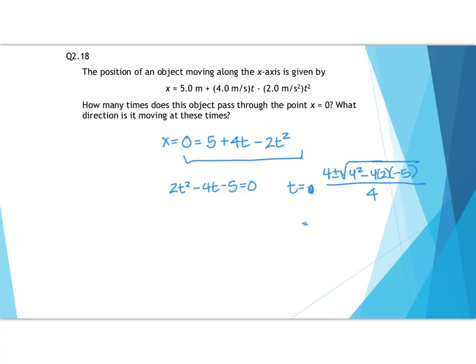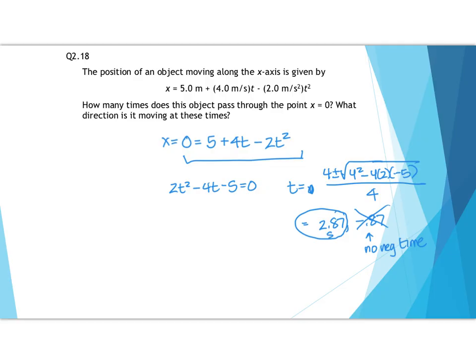And we get two possible answers for this. We get 2.87 seconds and minus 0.87. Those are the times when that equation is equal to 0. This we eliminate because we don't deal with negative time, so it makes no physical sense. And so we know that the object will go through x equals 0 at 2.87 seconds.